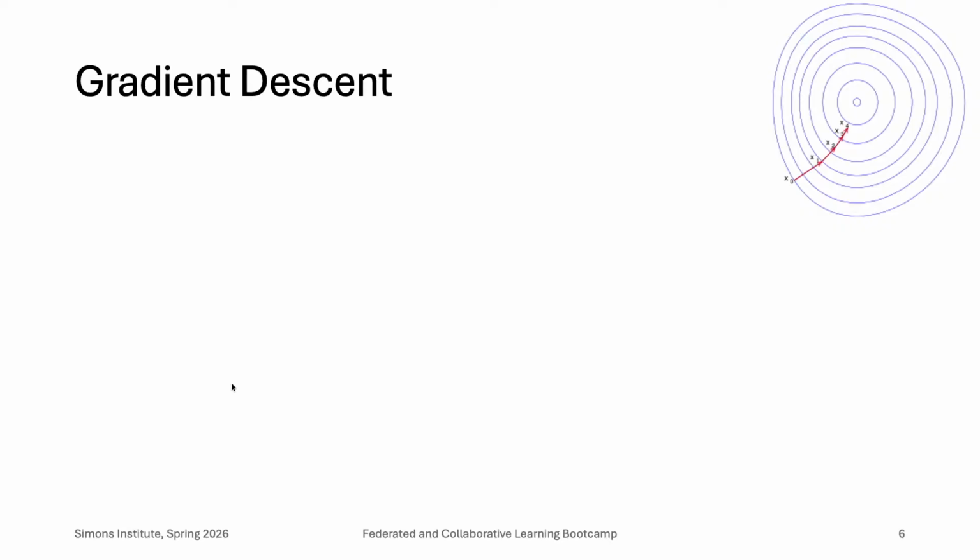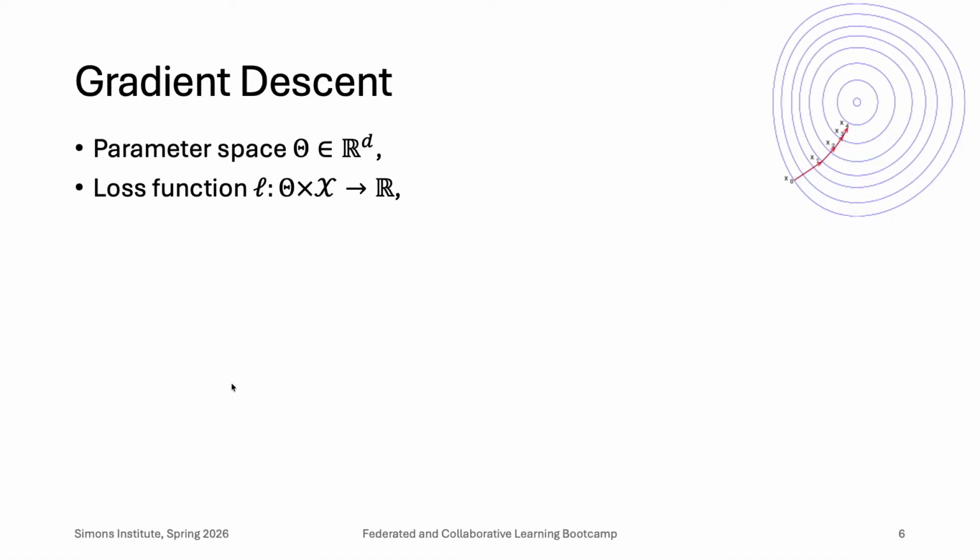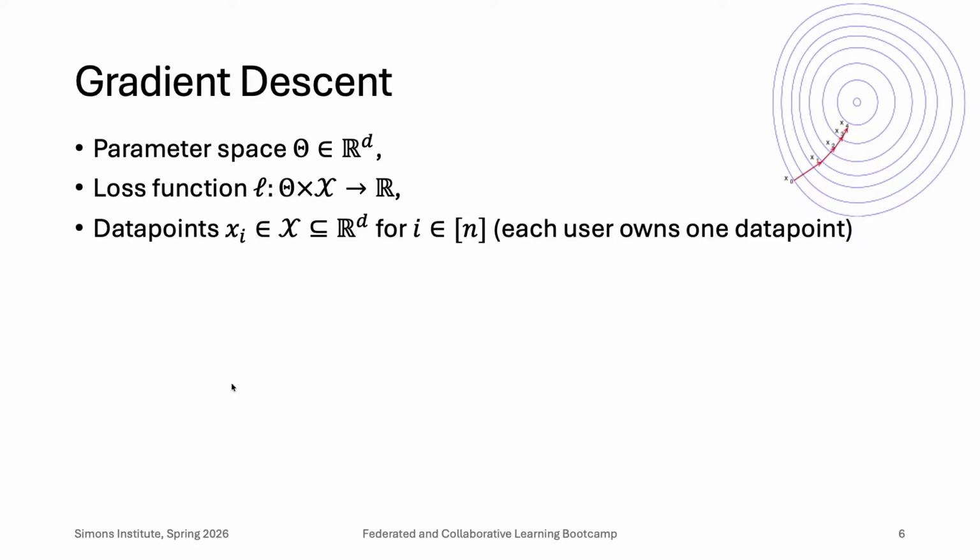It starts with gradient descent. So this is a standard non-private gradient descent setting. You have some parameter space theta, d dimensions. You have a loss function that you want to optimize that takes a parameter and a data point and tells you the quality of that parameter or model on the data point. And then you have a data set, n sized, where we think that every person owns one data point for now. And this is the central model.